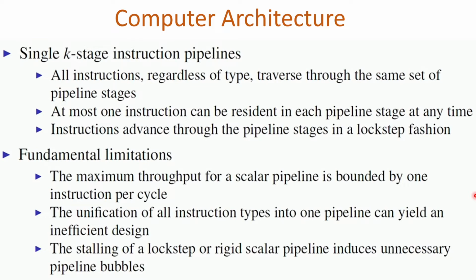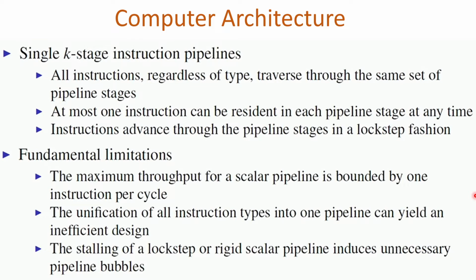So as a designer or as a computer engineer, during improvement of the pipeline, we should look into all these limitations, and we have to find out how we can modify the pipeline in such a way that we can remove all these dependencies.